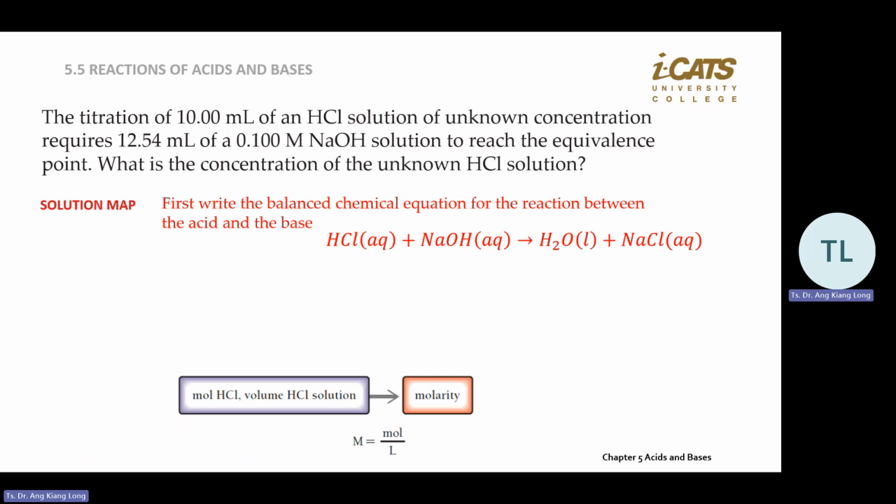Check whether it is balanced or not. Usually the first skeleton is not balanced. On the left you see 1 H, on the right you see 2 H. The easiest way is to increase 1 HCl into 2 HCl. First you write the skeleton, then you balance the equation.